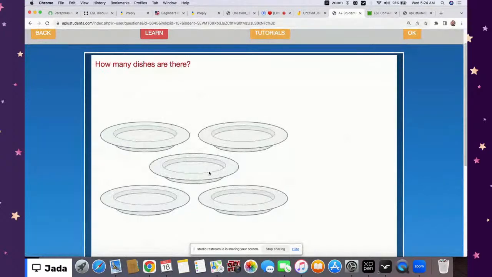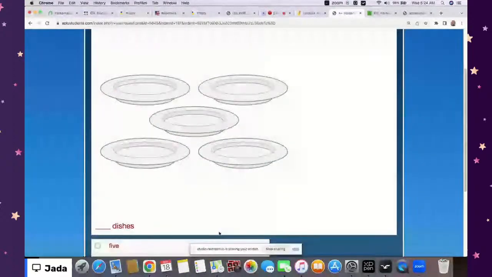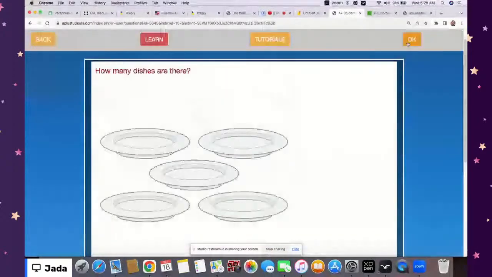Can you count the dishes? How many dishes do we have here? Five dishes, right? So we have five. So five is the correct answer.